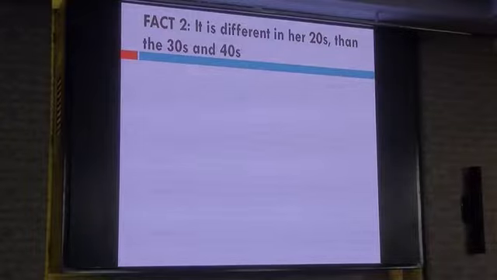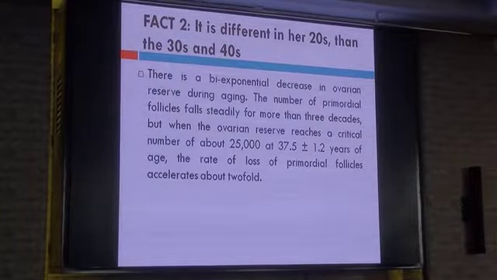Fact number 2: it's really different in her 20s than in the 30s and 40s. Whenever I'm prescribing any sort of drug for induction of ovulation, as a general gynecologist, an IVF specialist or an infertility-oriented doctor, I should know that there is a bi-exponential decrease in ovarian reserve during aging, and the number of primordial follicles falls steadily for more than 3 decades.